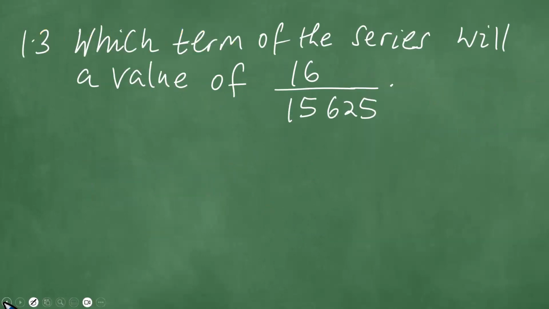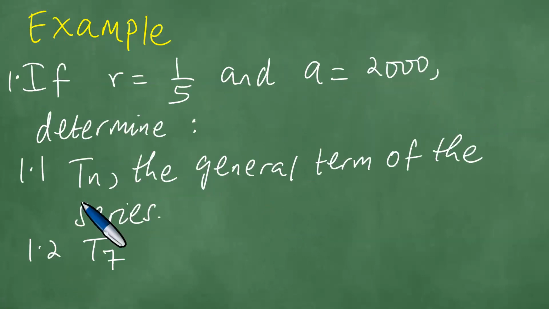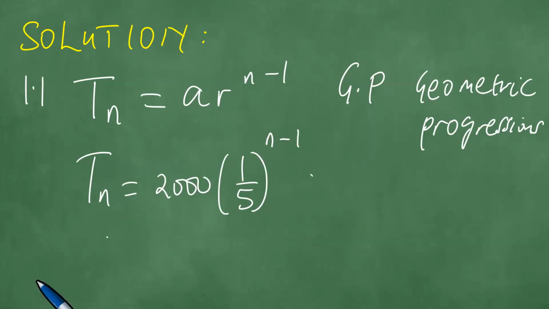The question says determine Tn, the general term of the series. So we need Tn, and we use the Tn formula that has r in it because we're given r is 1 out of 5. So this Tn equals a r to the power n minus 1 works for GPs, the geometric progressions. And the Tn is this.